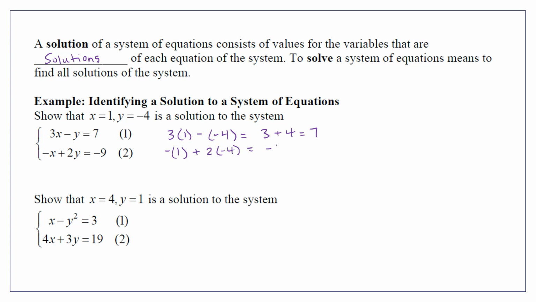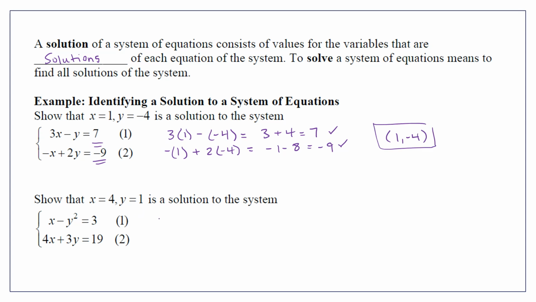So that would be -1 minus 8, which equals -9. When we plugged in these coordinates, we got 7 and -9, which are the same values that we got in our system. Therefore, we can say that the point (1, -4) is a solution to this system.